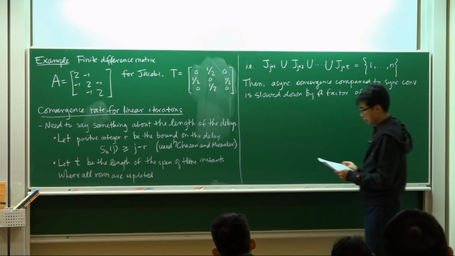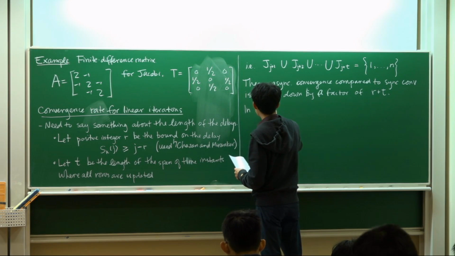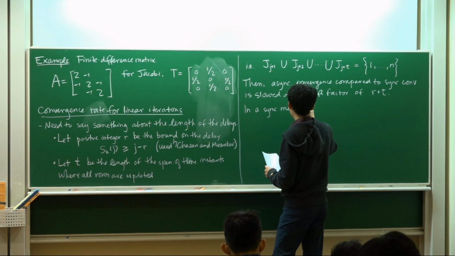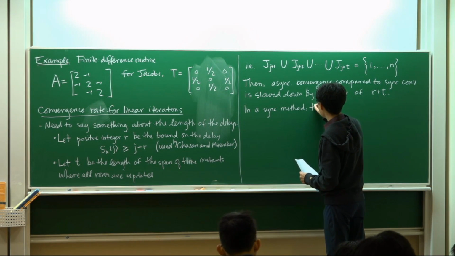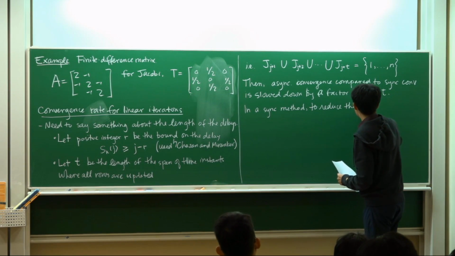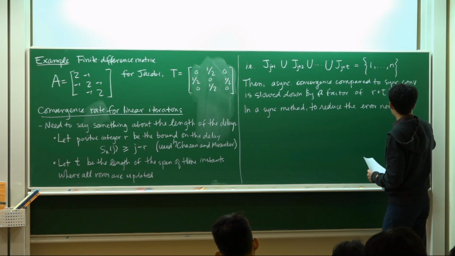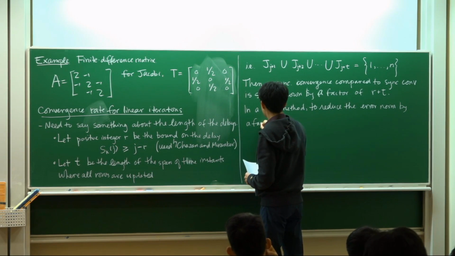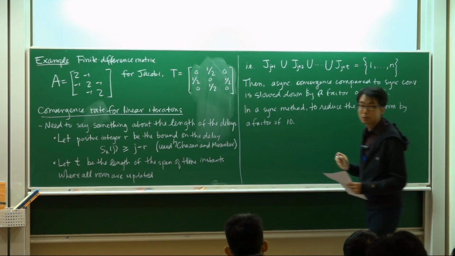To make this really clear, in a synchronous method, to reduce the error norm by a factor of 10, how many steps do we need?